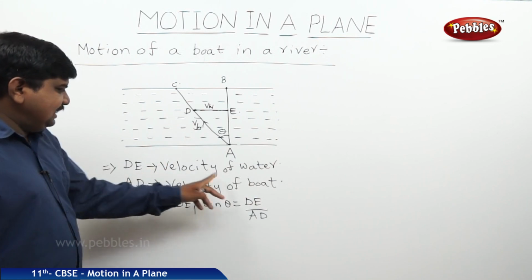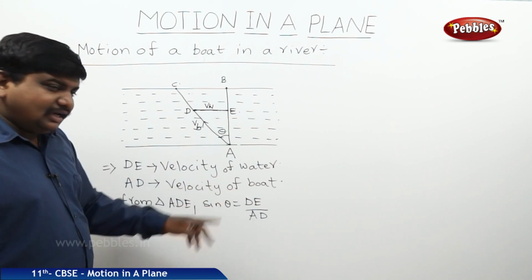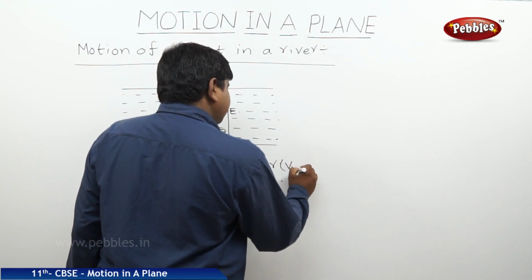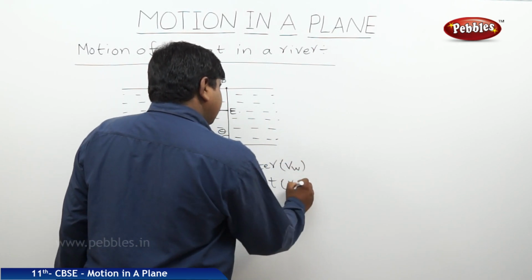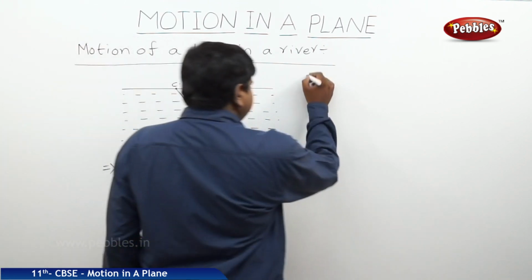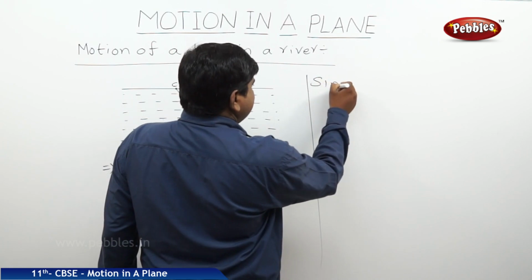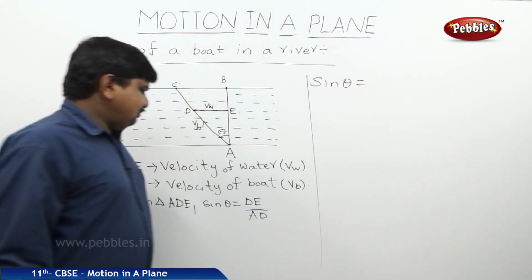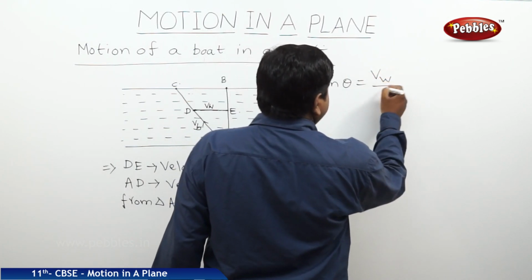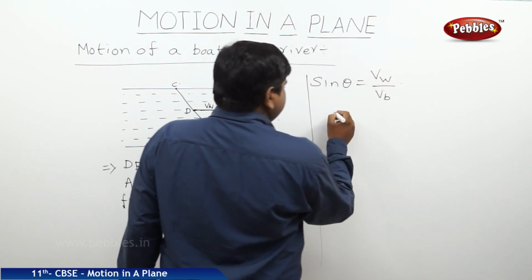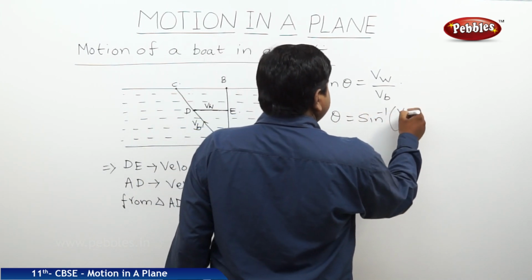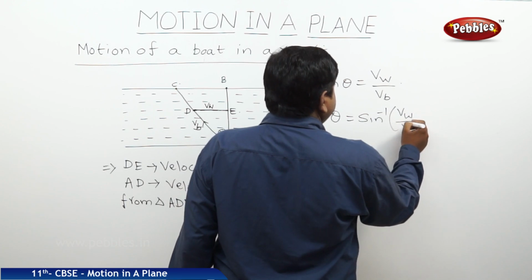We know that DE is velocity of water and AD is velocity of boat. We can write velocity of water as VW and velocity of boat as VB. Therefore, sin theta is equal to VW by VB. Theta is equal to sin inverse VW by VB.